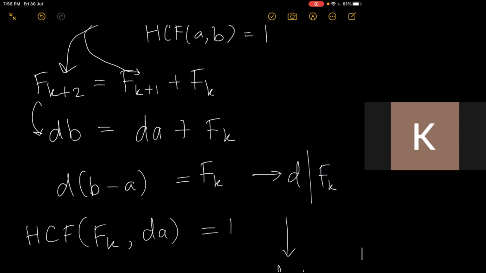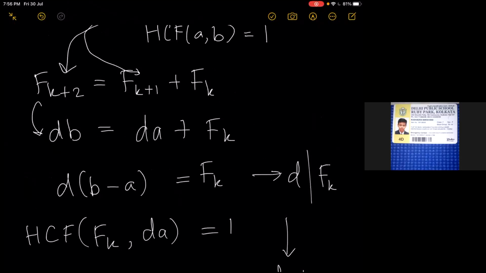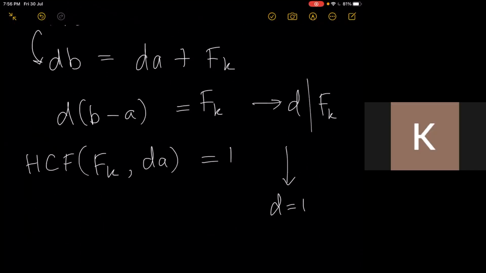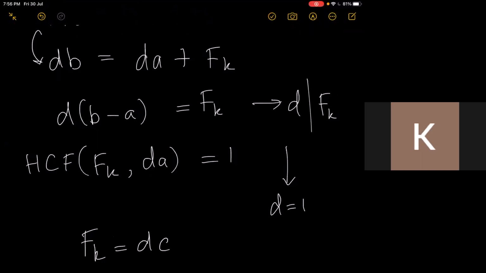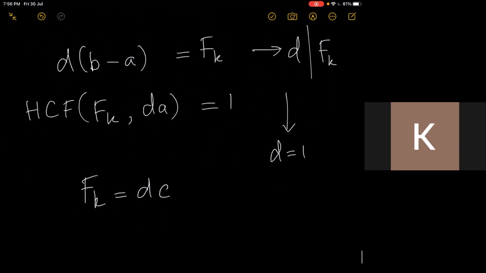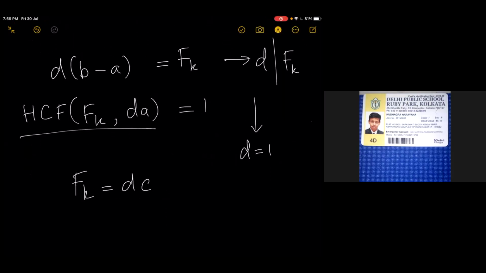Sir, can you please explain how you said that if d divides Fk, then d is 1? Okay. If d divides Fk, then Fk is again some d into C, na? Right. So if Fk is d into C, then what is this HCF?